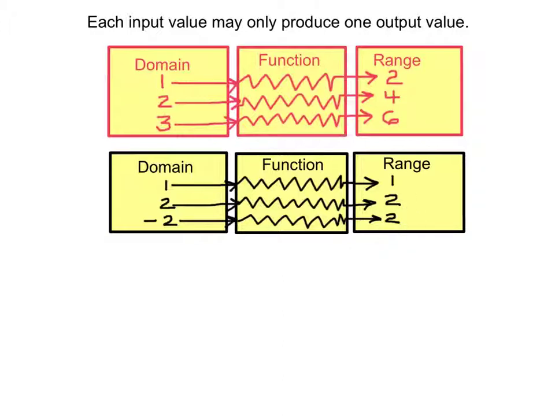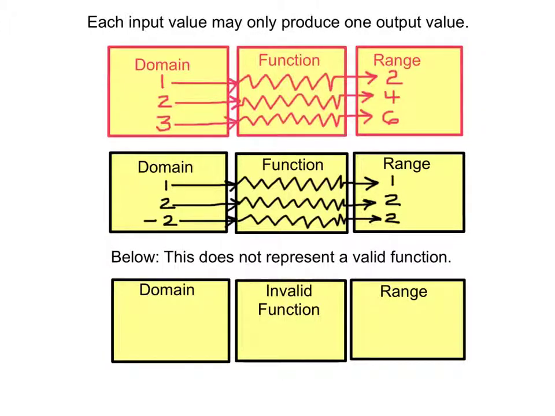That's valid. It's valid to have a value from the domain, or multiple values from the domain, point to the same value in the range. What is not okay is to have an input value from the domain produce more than one output value. Each input value should map to only one output value.